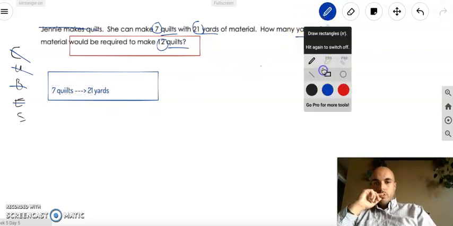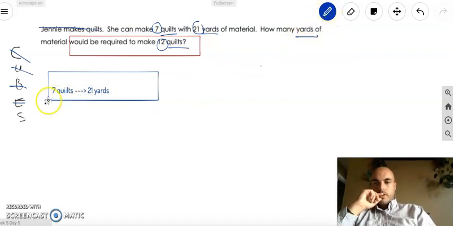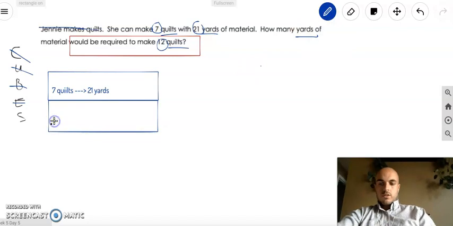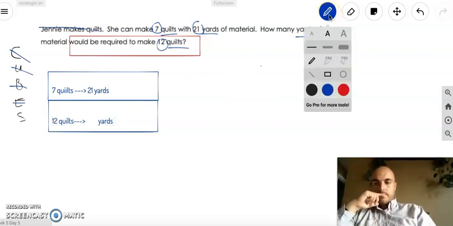We're looking for 12 quilts. And we need to find out how many yards for 12, right?